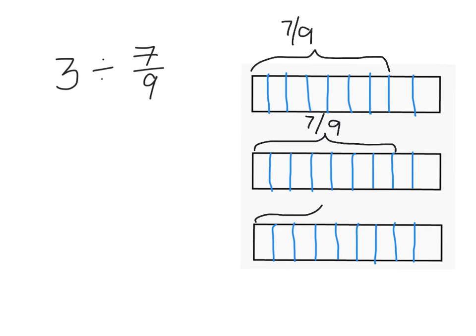And then another one here. Since we assume that each part is of the same size, we can actually group other parts together to form a 7/9. But so far, we have 3 groups of 7/9.